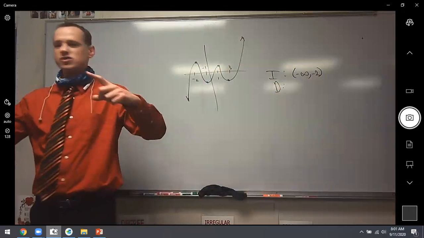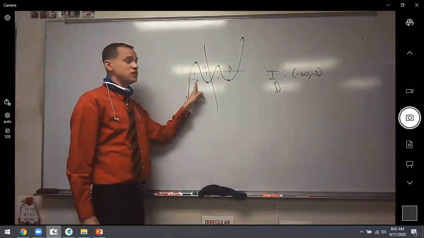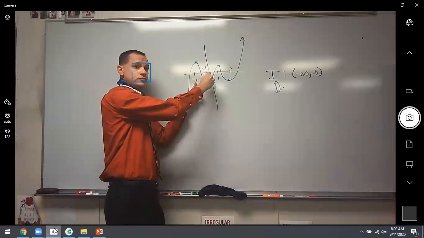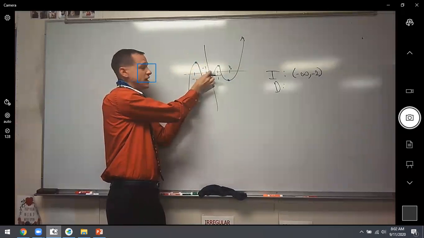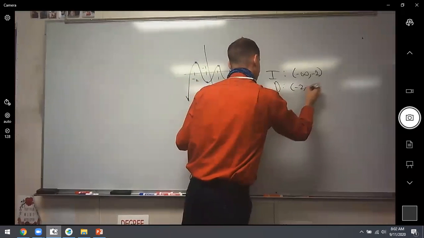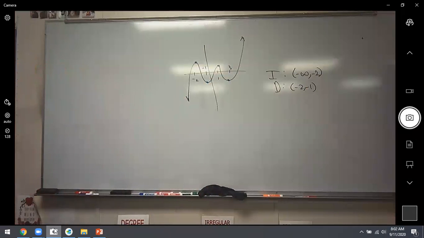So again, we're going to use that parentheses and brackets kind of stuff all year long. So you're negative infinity to -2, increasing. As soon as you get to -2, though, this thing starts to go down, correct? Until what x value? Until -1. So for decreasing, I'm going to write -2 to -1. It's going down between them.